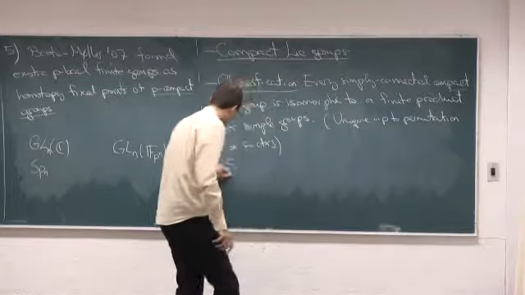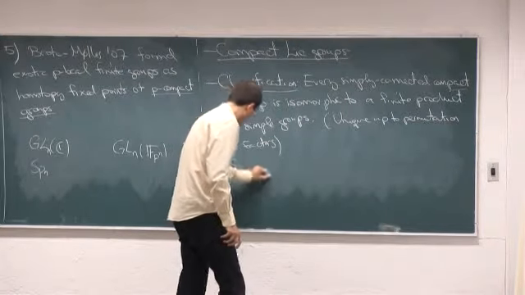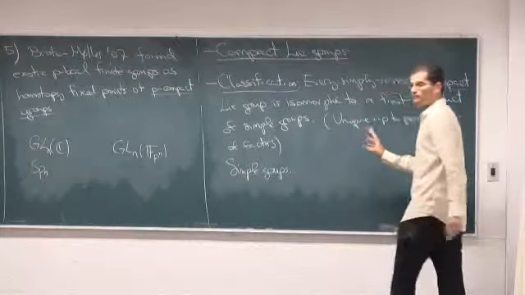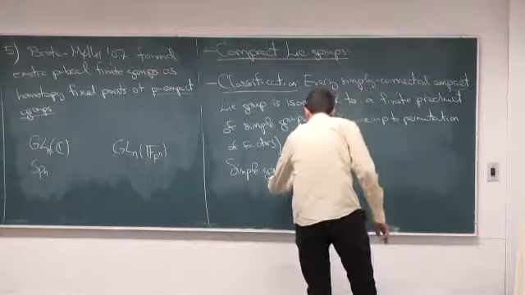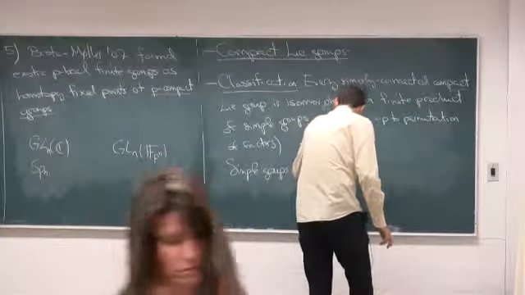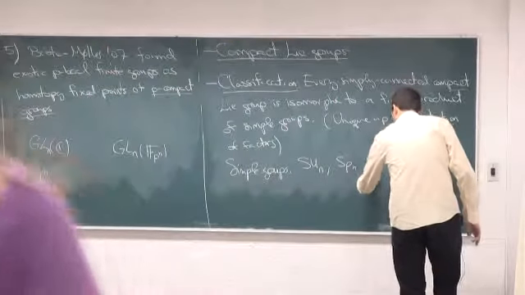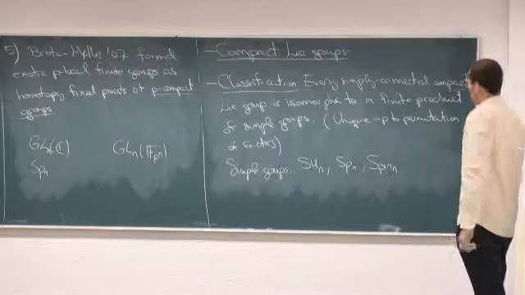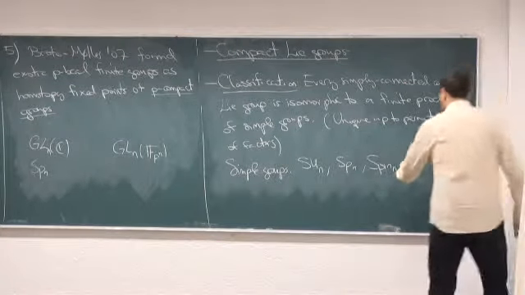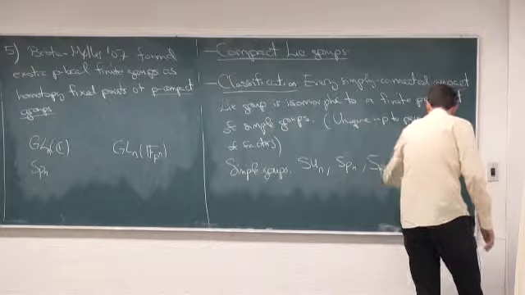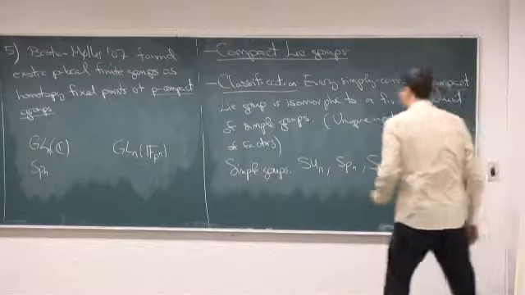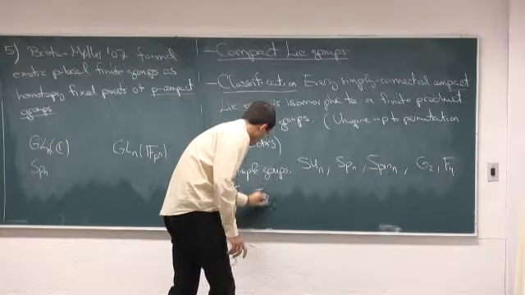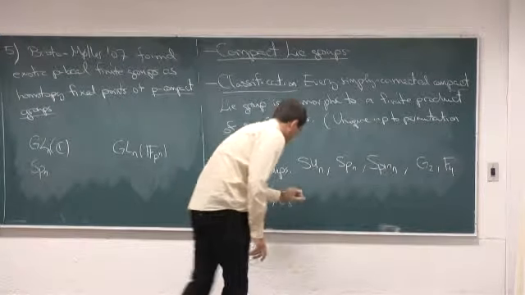So simple groups are given by 3 infinite families: SU(n), Sp(n), Spin(n), and then we have a few sporadic ones. So we have G2, F4, E6, E7, E8.